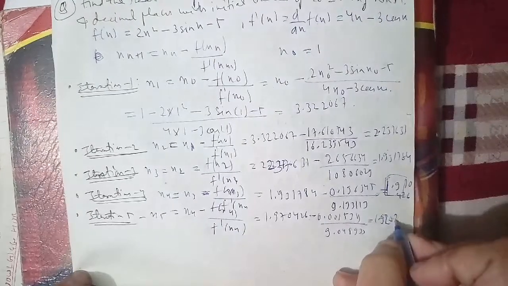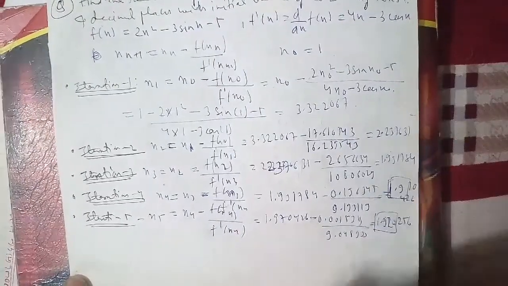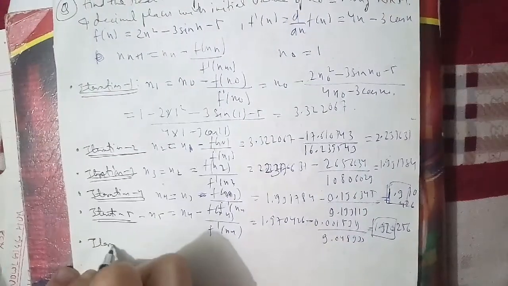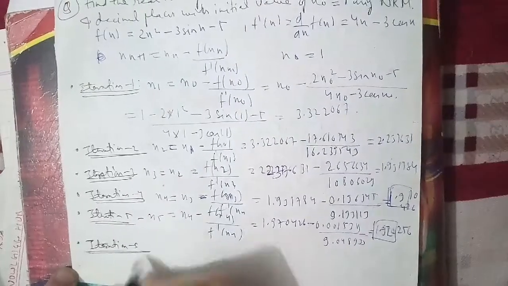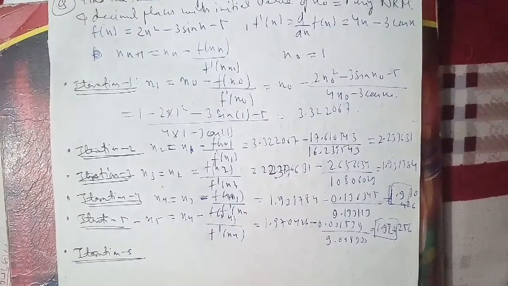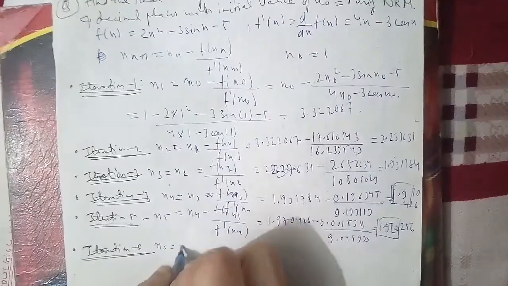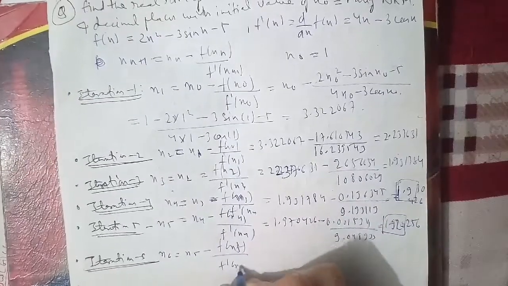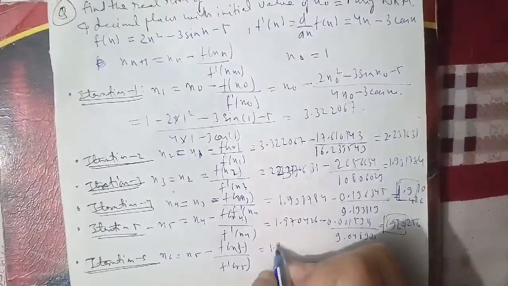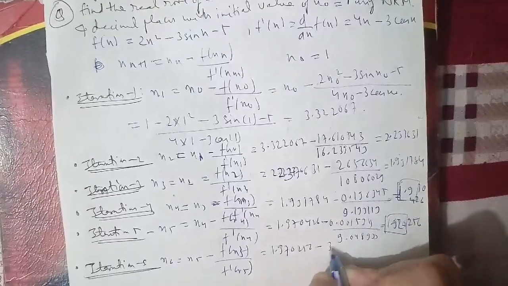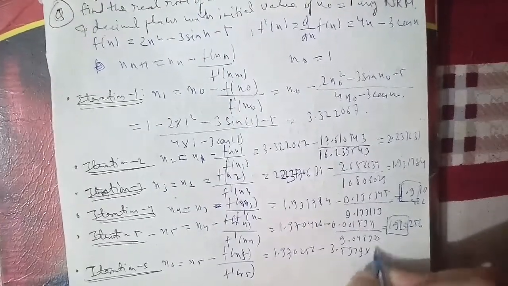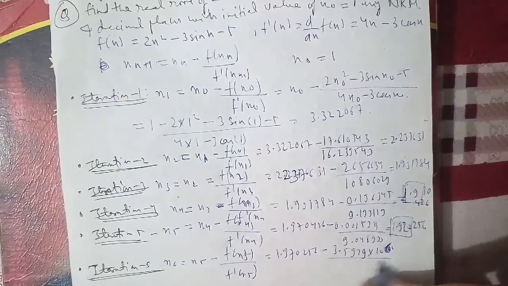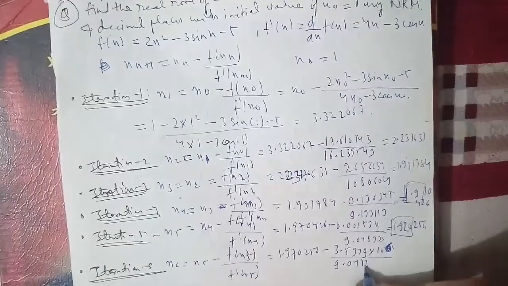Now we go ahead for iteration 6. For the same, x6 is equals to x5 minus f(x5) upon f dash x5, equals 1.970256 minus 3.5929 into 10 to the power minus 6 upon 9.047783, that is being equals to 1.970256 that we have.